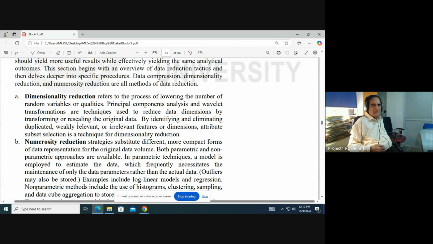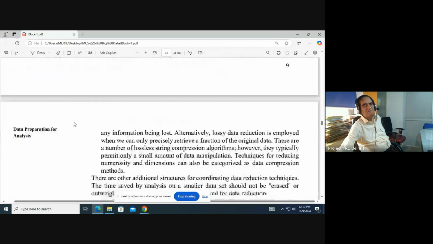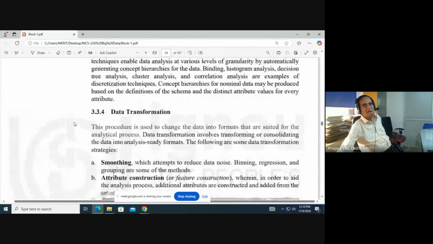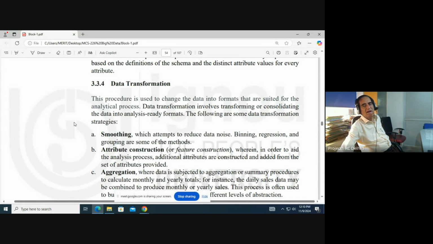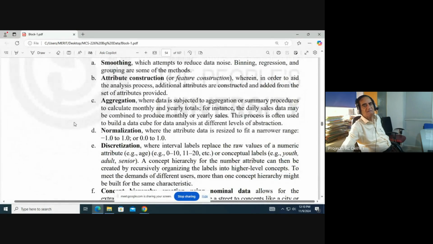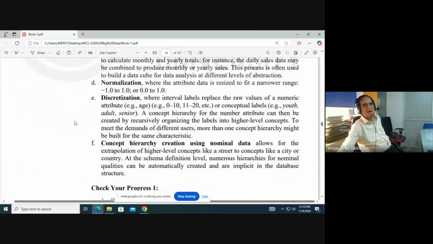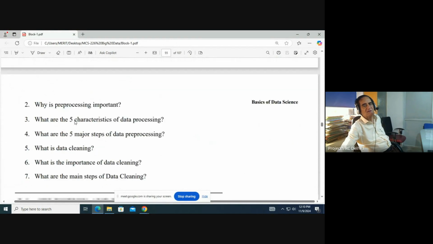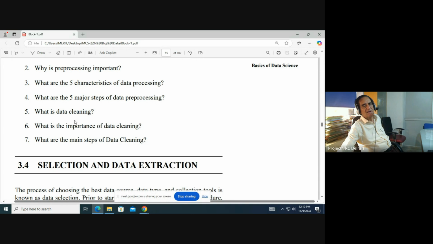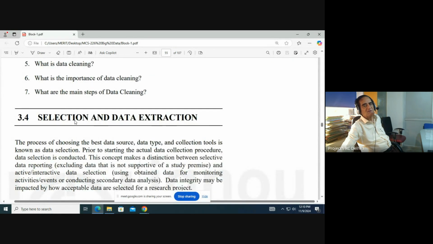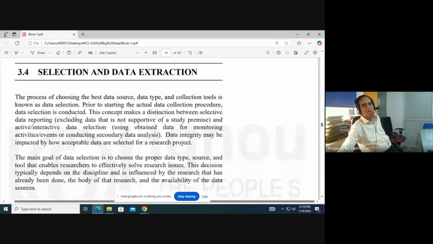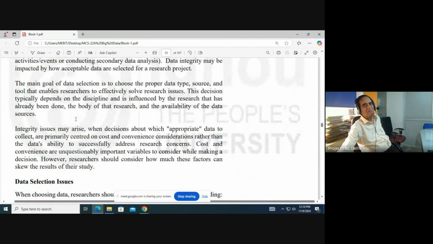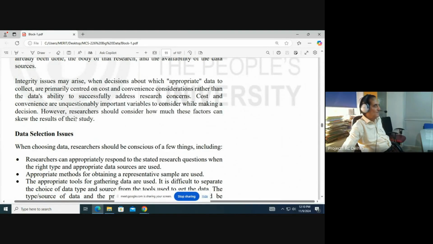So dimensionality reduction, numerosity reduction, all these you can read. Transformation, data transformation, smoothing, attribute construction, aggregation, normalization, discretization, concept hierarchy, all these are there. So selection and data extraction, the process of choosing the best data source, that is important. You should be able to handle data selection issues, how to select, choosing data.